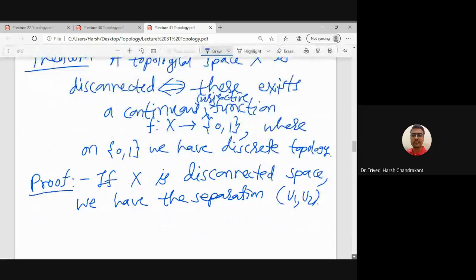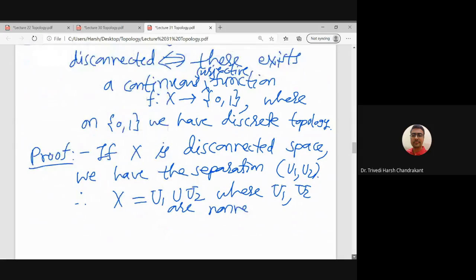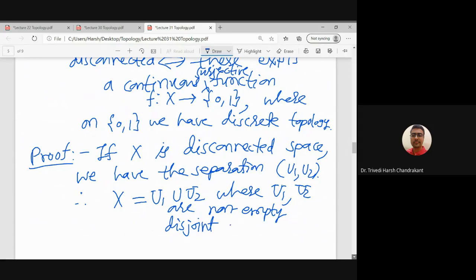So every disconnected space has a separation, and what is the meaning of separation? Therefore X is equal to U1 union U2, where U1, U2 are non-empty, disjoint, open subsets.